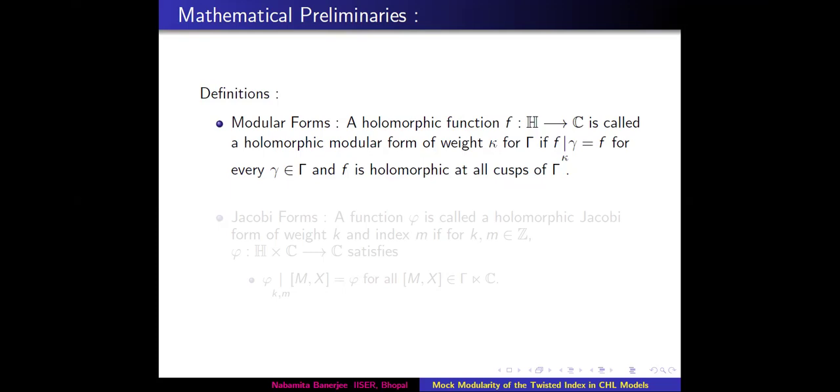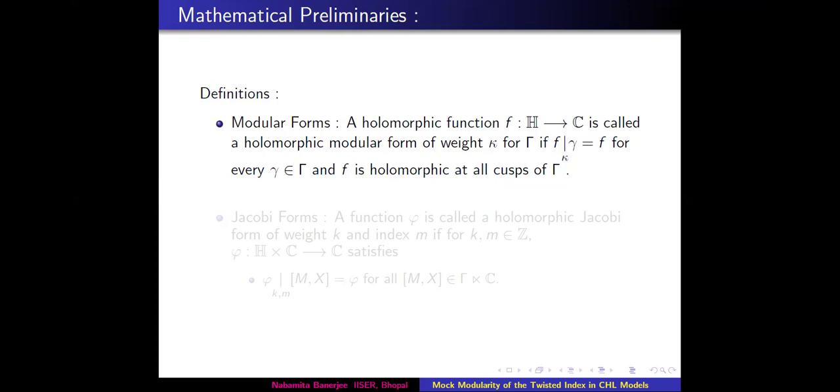Now, with these two definitions, the modular forms are holomorphic functions. Let me define, and then I will relax the conditions. So, a holomorphic function f is called a holomorphic modular form of weight k if f slash gamma is f for every gamma which belongs to some subgroup of SL2Z, and f is holomorphic at all the cusps of gamma.